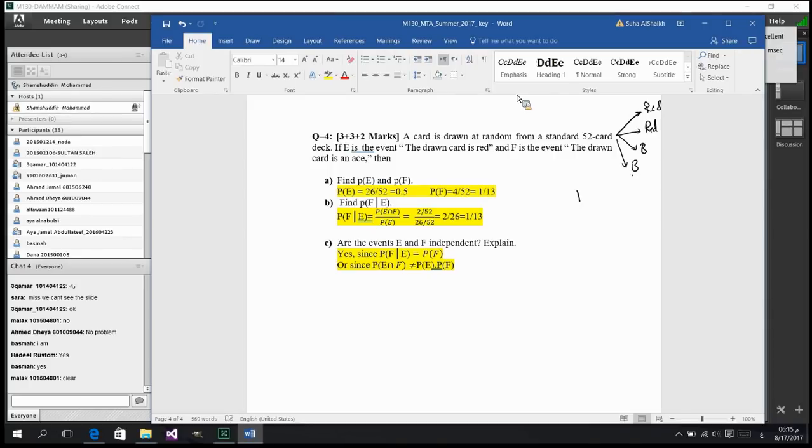Each one of them has 13 playing cards. The 13 cards include the ace, the joker, the king, the queen, and the numbers from 1 to 9.